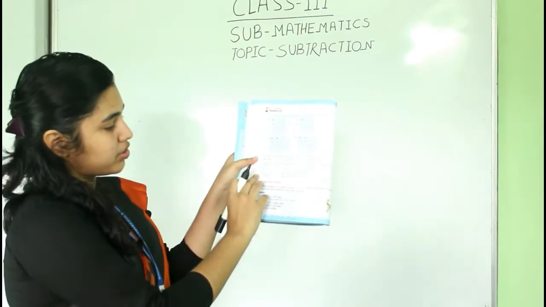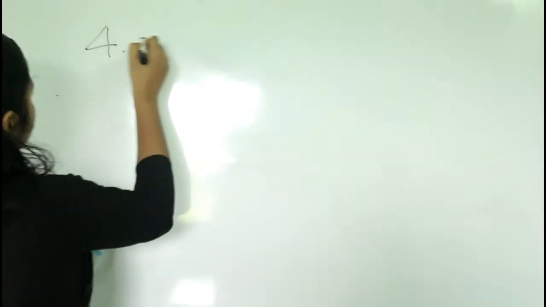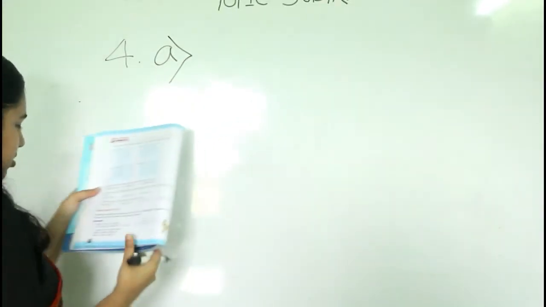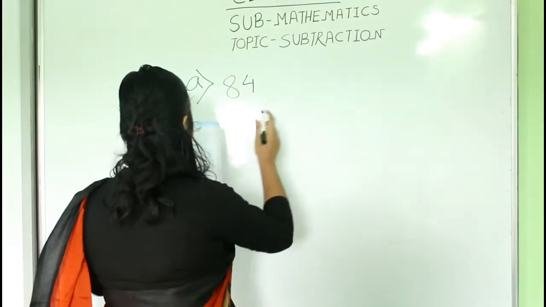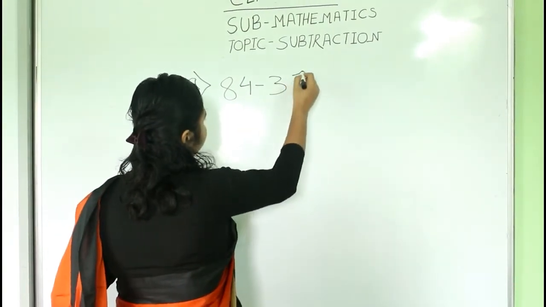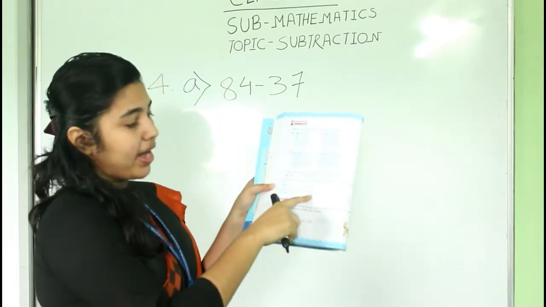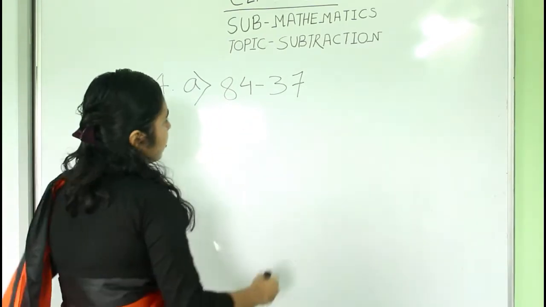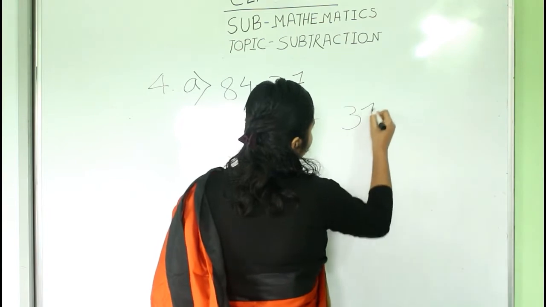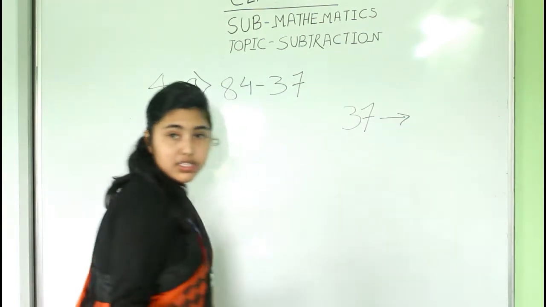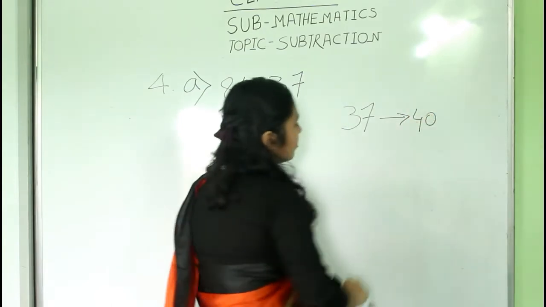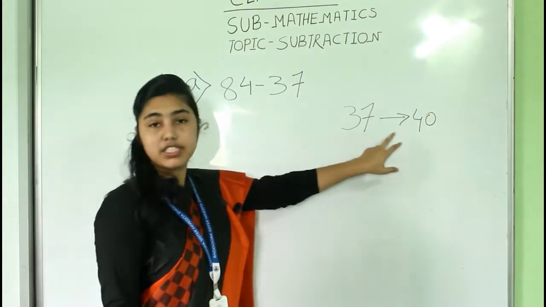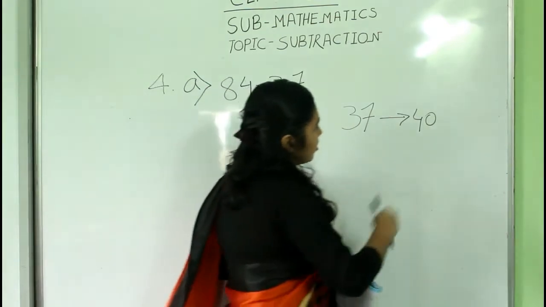Next our question number 4, number A. Subtract 37 from 84 by counting on. Now after 37, the first tens digit is 40 and the difference between 37 and 40 is 3.